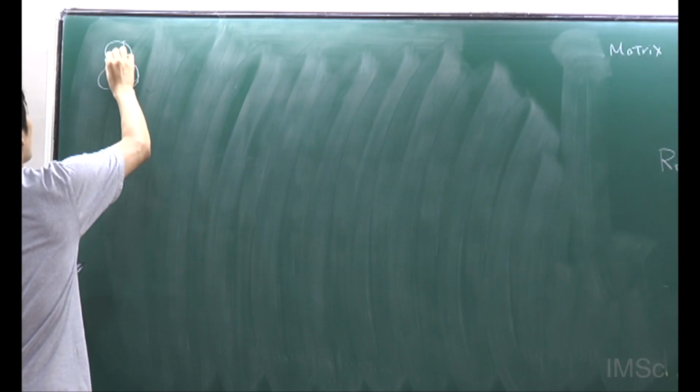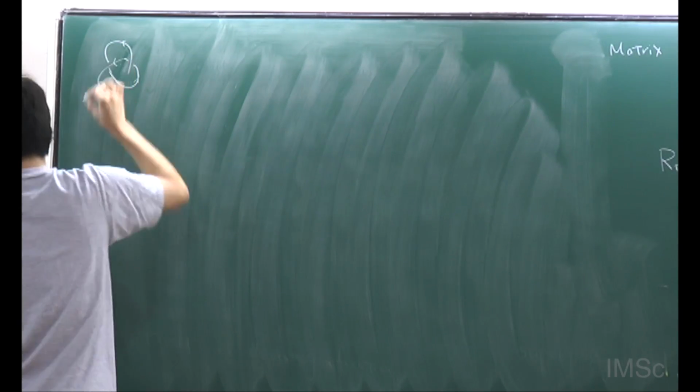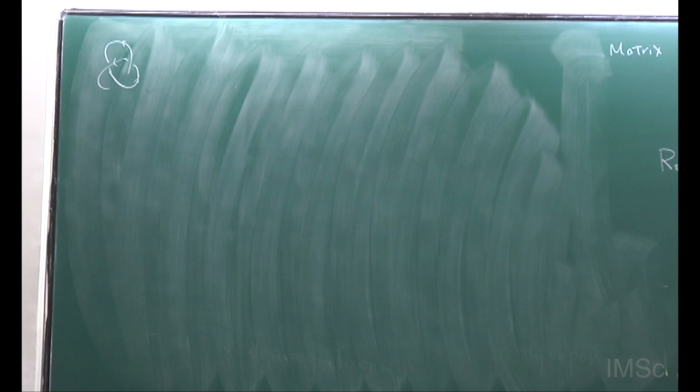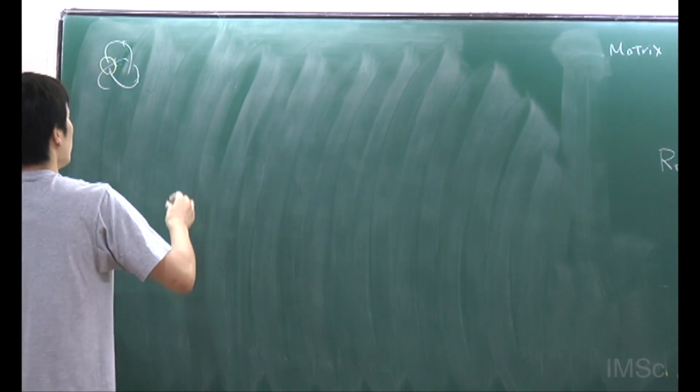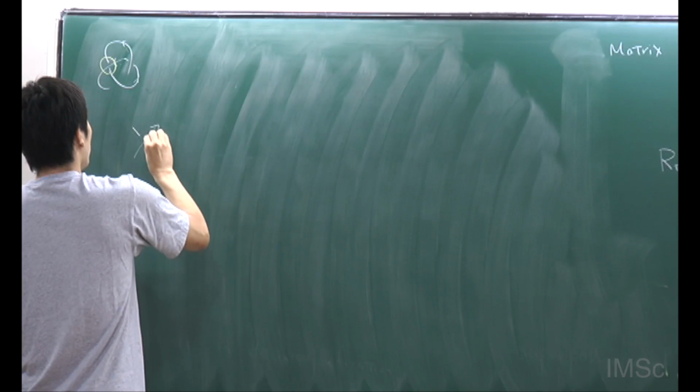At each crossing, you assign two matrix factorizations.